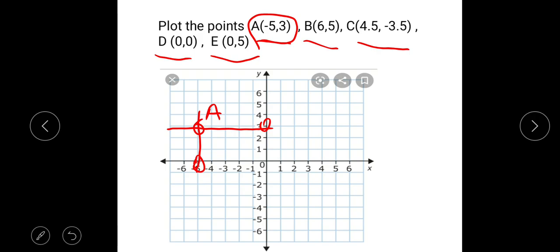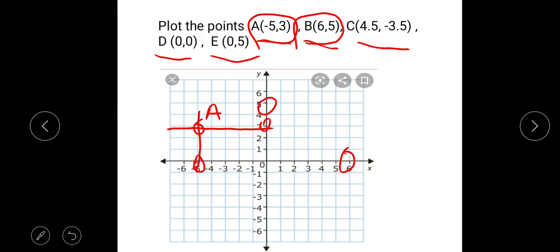Then the next point we consider is B. B is 6 and 5. Both are positive. X coordinate 6, y coordinate 5. So x coordinate 6 means we take 6 on the x-axis and 5 on the y-axis here.